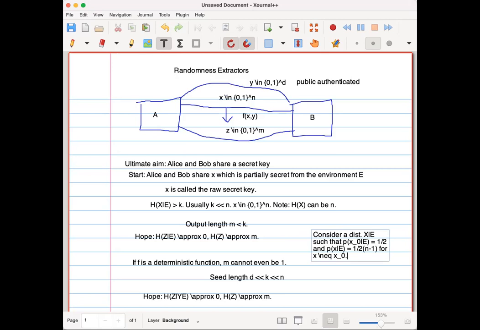We're looking at the probability distribution of X conditioned on the random variable E. So let us say we have conditioned on some little e.